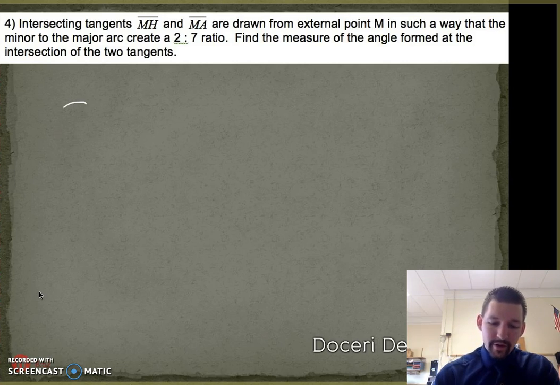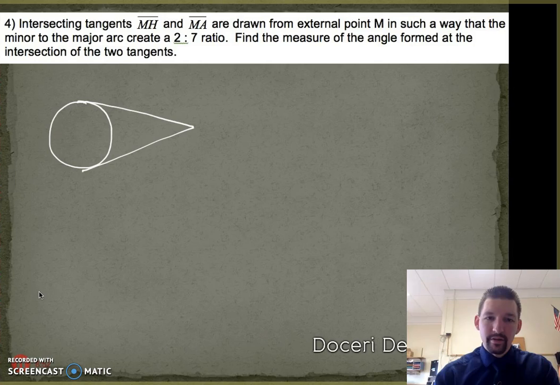So we're starting with our circle here, and it says we have two tangents drawn to a point outside, which is point M. And one of these is going to be MH, the other one is going to be MA. Well, we know that our two arcs here are in a ratio of 2:7.